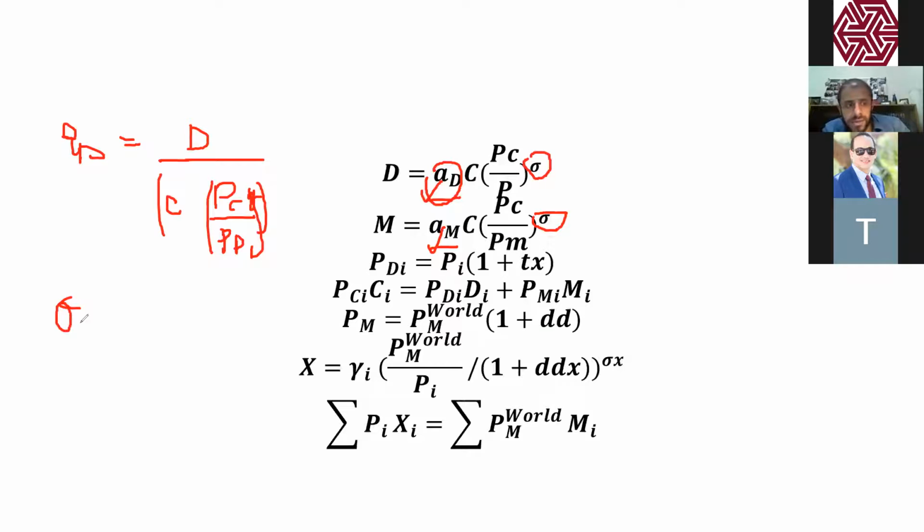In other words, it shows how the demand for domestic goods will change with respect to demand for imports when their respective prices change.